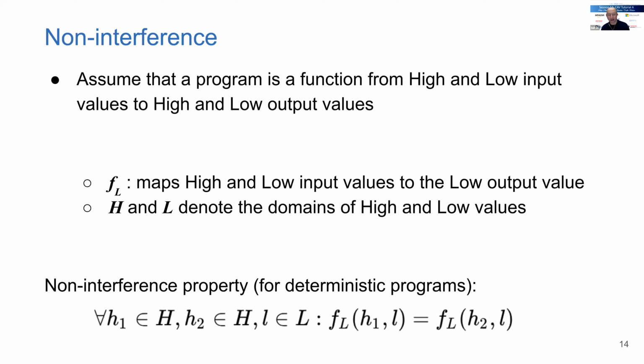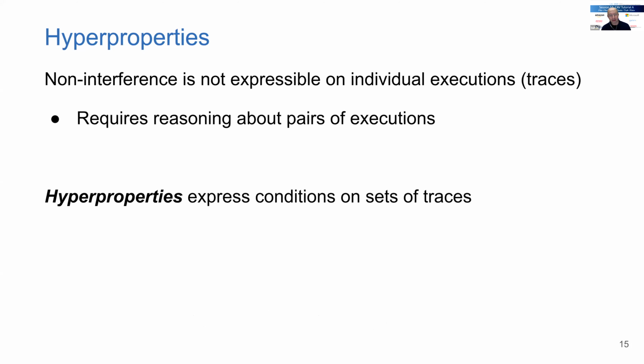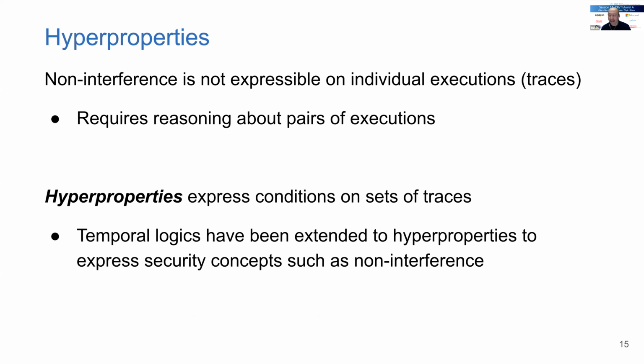If you look at the definition, it's actually talking about two executions of the program. Hyperproperties express conditions on sets of traces. There are extensions to temporal logics to formalize security concepts like non-interference. So then you can use hyperproperties to express something like non-interference.